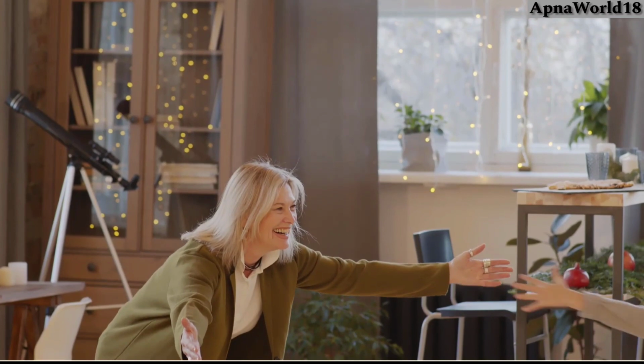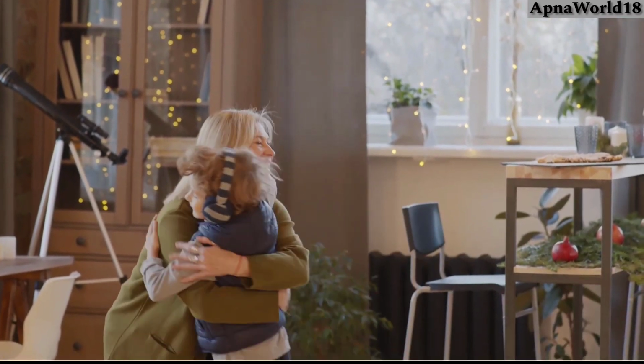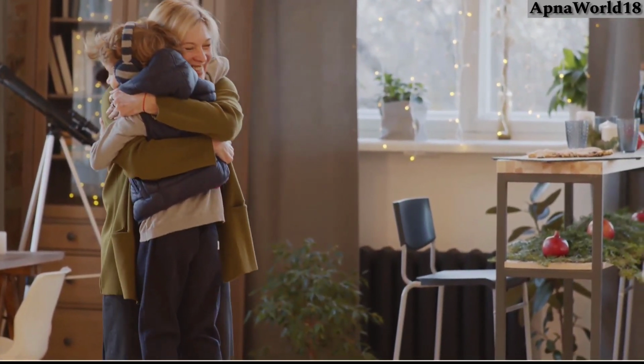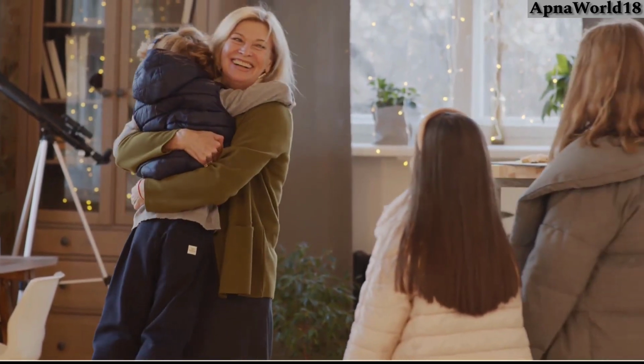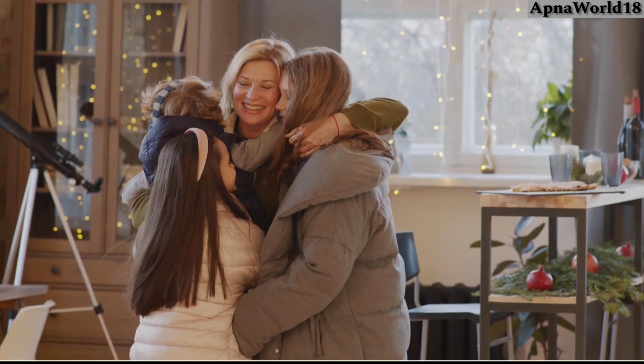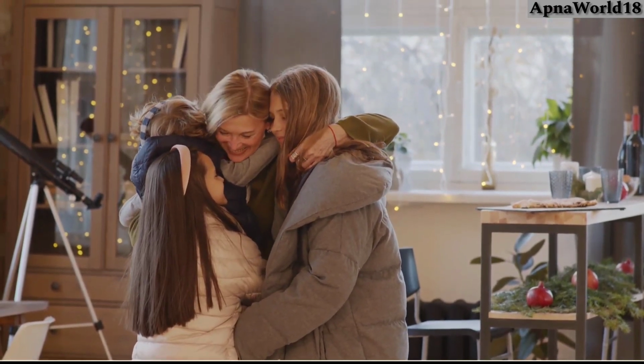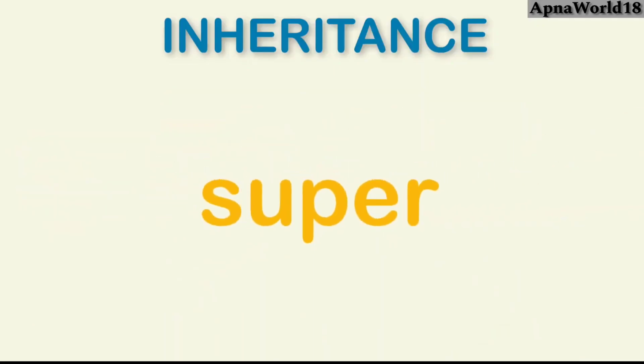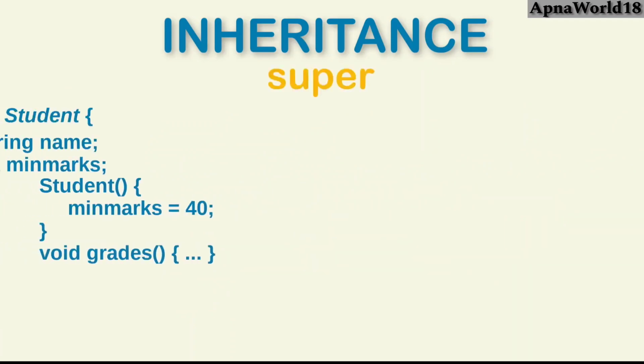Now what if you have second thoughts and want to use the hidden parent class variables and methods too at times? There is still a workaround if you need to access the hidden base class variables or methods. You can use super. Super is used to refer to the base or parent class.